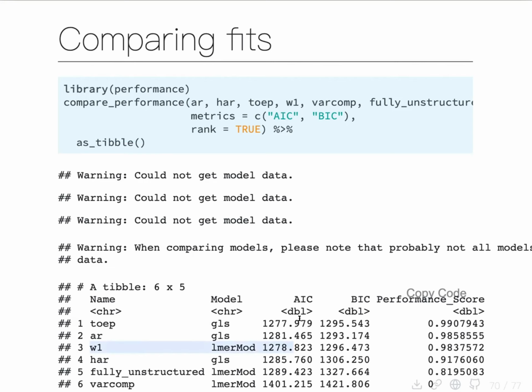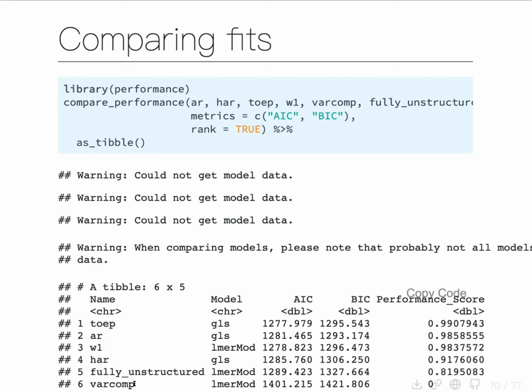These are separated by about 1 point, so the difference between those is not strong, but you do have a little bit of evidence that maybe the Toeplitz model is fitting better if you're using AIC. According to BIC, it looks more like the AR1 structure. So in this case, you maybe get a little bit better fit by using these simplified models, but it probably ends up not being too much of a difference.